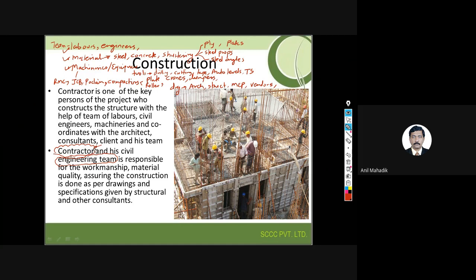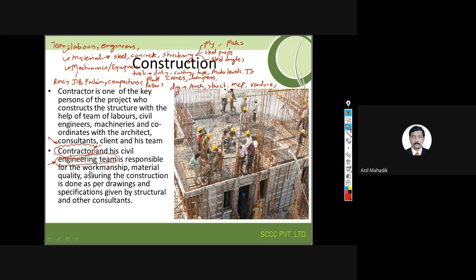So he gets the job through the tenders generally, and once he gets the job, then he appoints engineers, laborers, subcontractors, suppliers, and machineries, and ultimately he is responsible. And regarding the technical part, quality of the work, especially the civil work, civil engineers are responsible in the project.